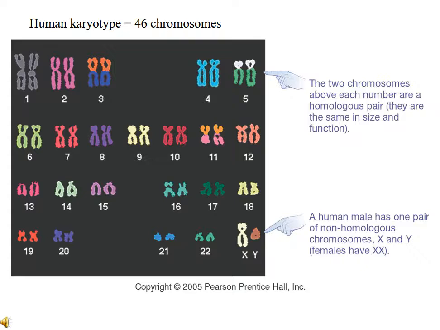As we look at this karyotype, we can see that while we have 23 pair, in reality, the pair X and Y are not a true pair. As you can see, the X is a very, very large chromosome, whereas the Y is a very small chromosome.